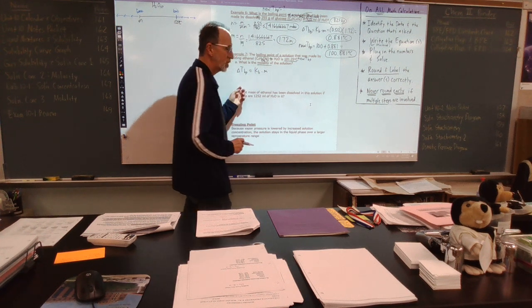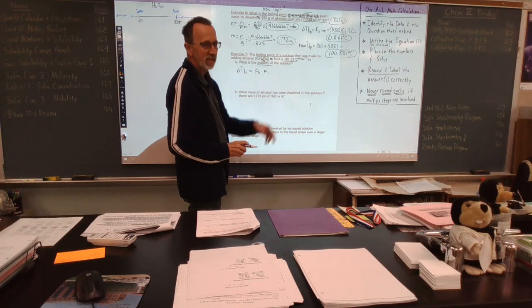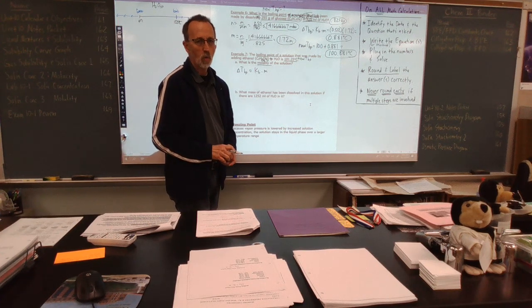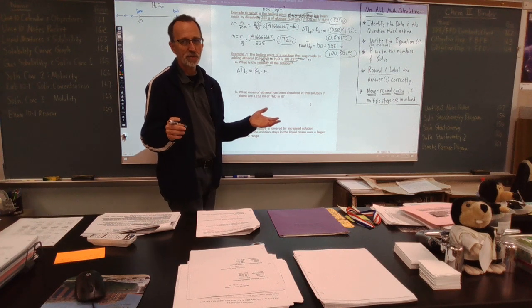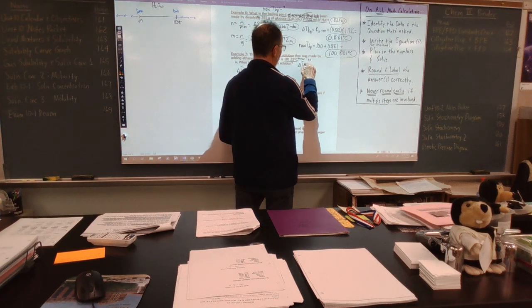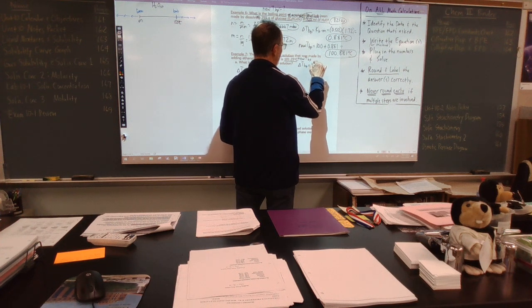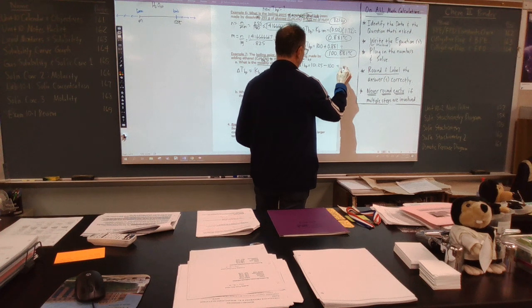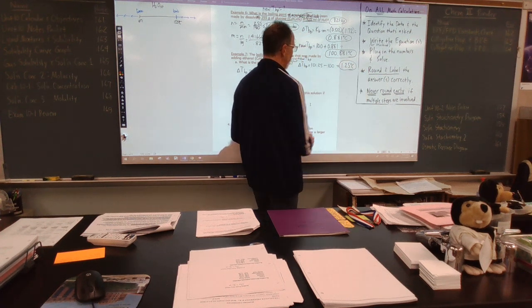Well, we need the change in the boiling point. This is the new boiling point of the solution. So what does water normally boil at as a pure solvent? 100. So the change in the boiling point would be 101.25 minus 100, which is 1.25 degrees Celsius.